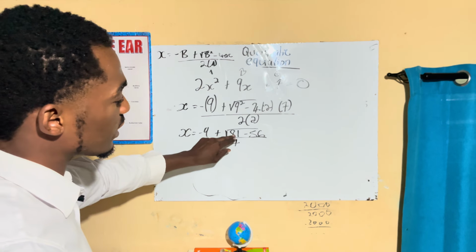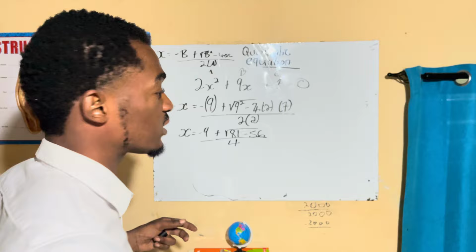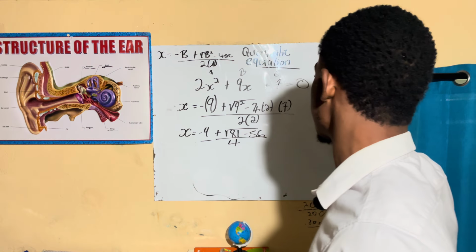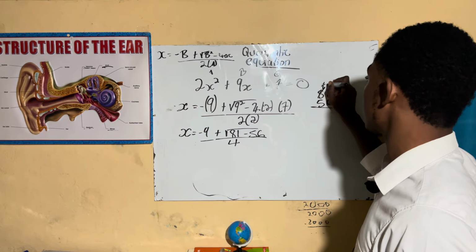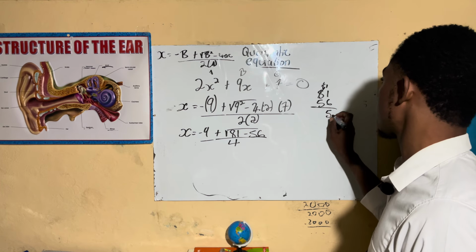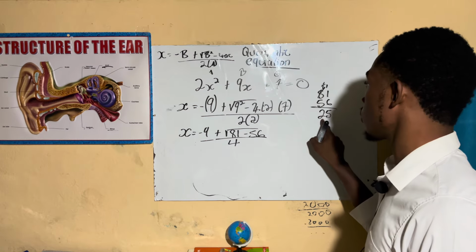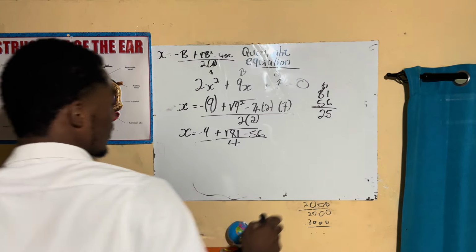Now what we need to do, this says 81 minus 56, so let us subtract this in here. 81 subtract 56: 1 from 8 is 7, 6 from 11 is 5, 2 from 7 leaves me with 2, so we're left with 25 inside.